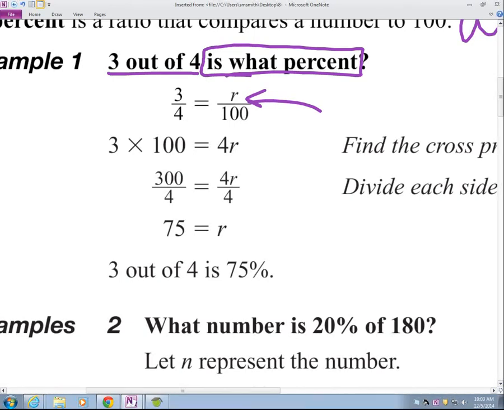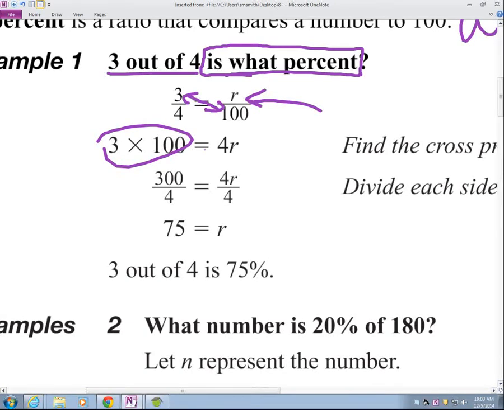So we multiply 4 and r. We have 4 and r right here. Then we multiply 3 times 100, and that's going to be on this side. It's going to be 300. When we just do hundreds, it's so easy to multiply by base 10. However many zeros there are, you just move the decimal that much.